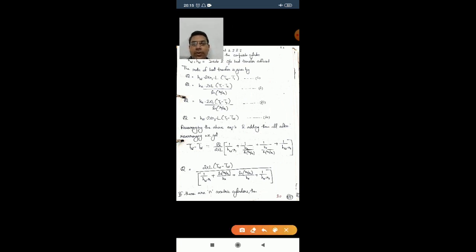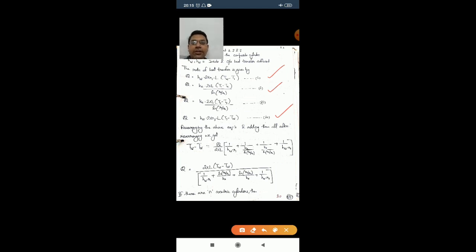So Q means the heat transfer is from the hot fluid to the inner surface of the cylinder. This is heat transfer due to conduction only, where R1 and R2 represent the thickness of the cylinder, their difference, and this is again the heat transfer from the hot metal tube, outside the tube, to the ambient condition.